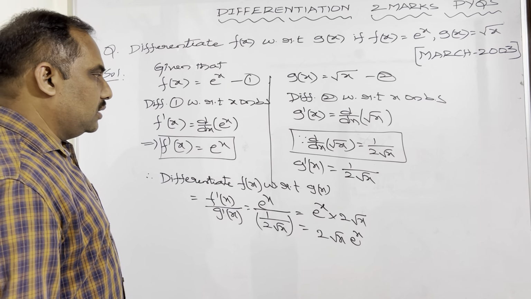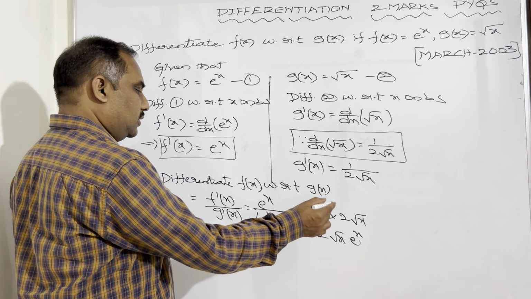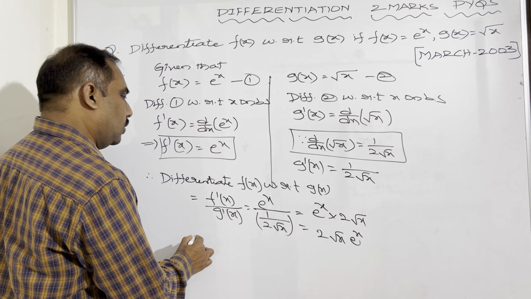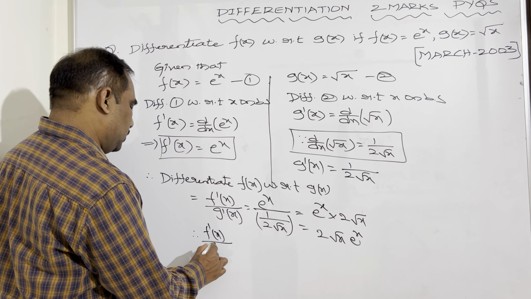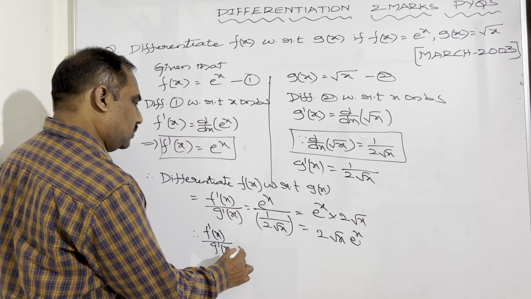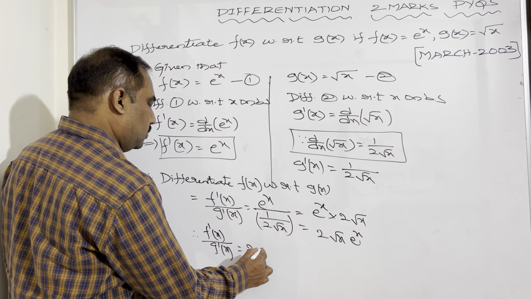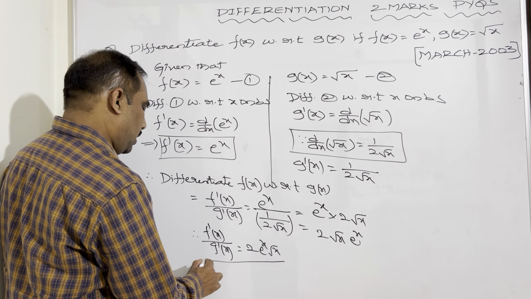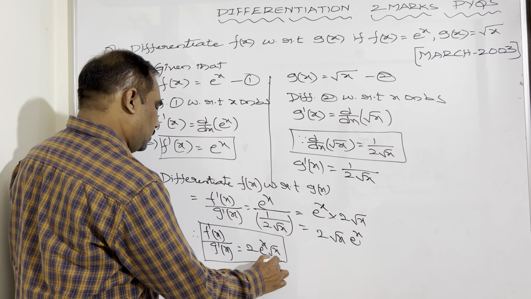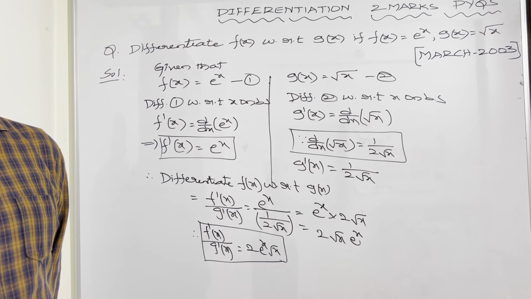So f dash of x by g dash of x is equal to 2 into e power x into root x, we can also write 2 root x into e to the power of x. Like this we can prove. Next.